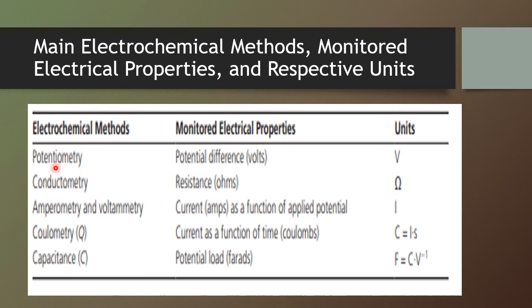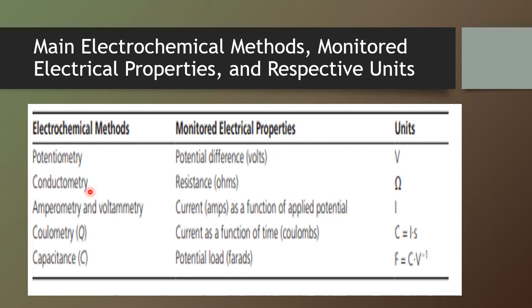For example, number one is potentiometry. Potentiometry is that electroanalytical method which is used to measure the potential difference of our analyte. So potential difference, we know, is measured in the unit volt, where V is for the volt. So this column is representing the measurement unit of that particular electric property.